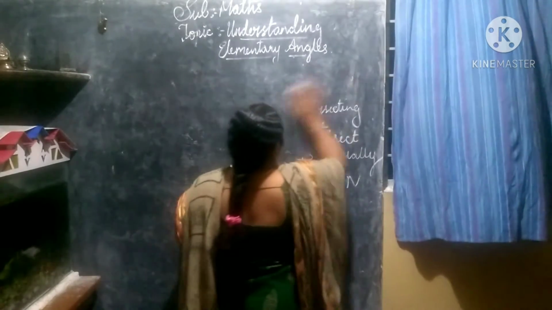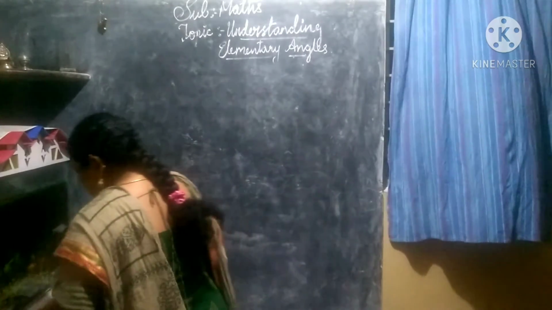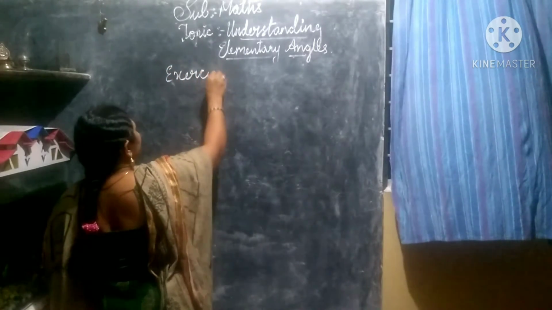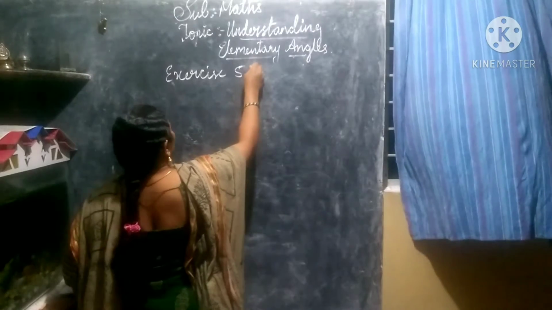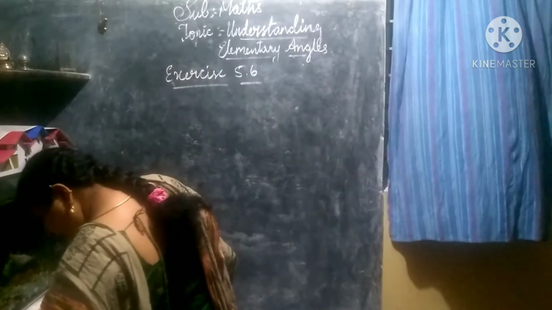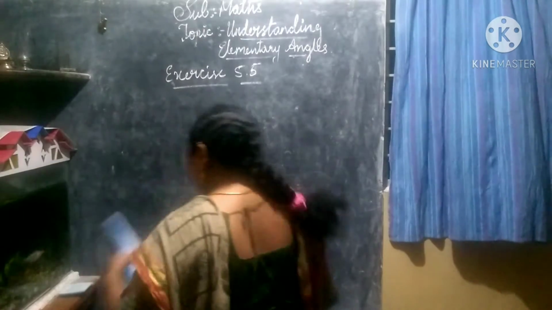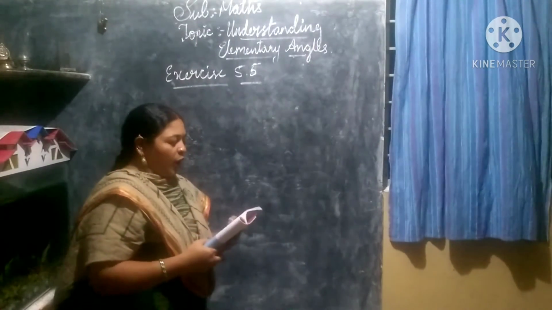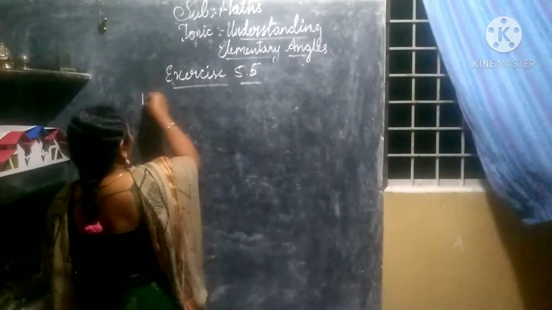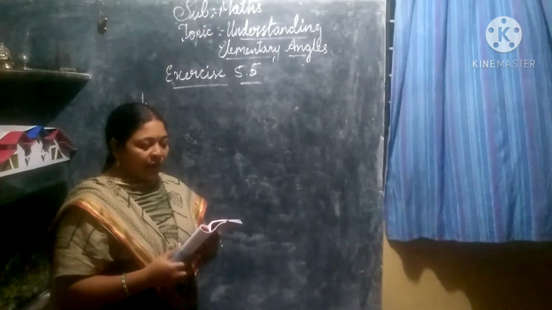In your textbook they have given certain exercises based on perpendicular lines. So let us go for the exercise, Exercise 5.5. The question says, which of the following are models of perpendicular lines? The adjacent edges of a tabletop.